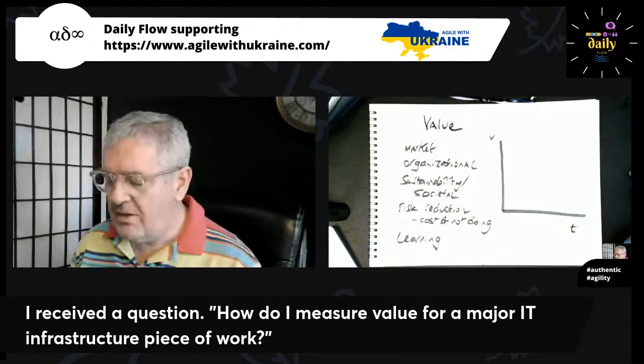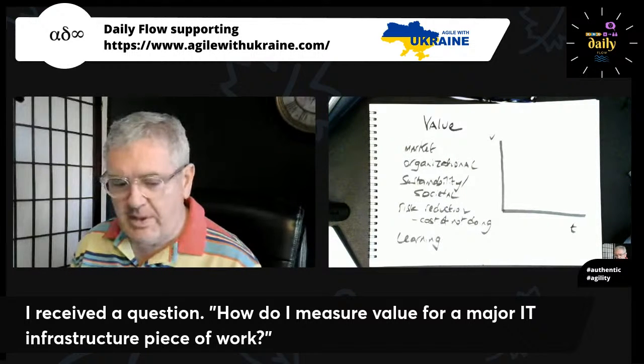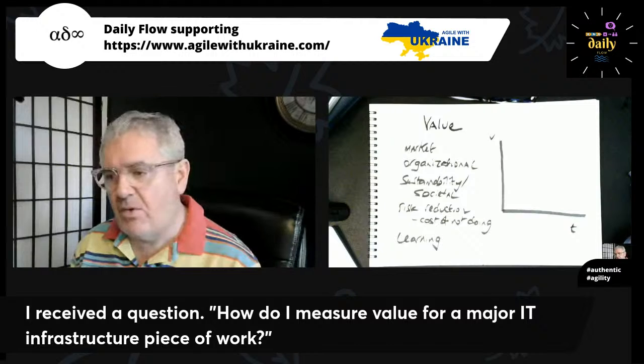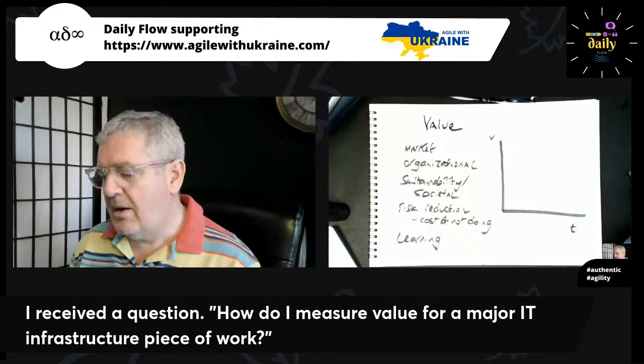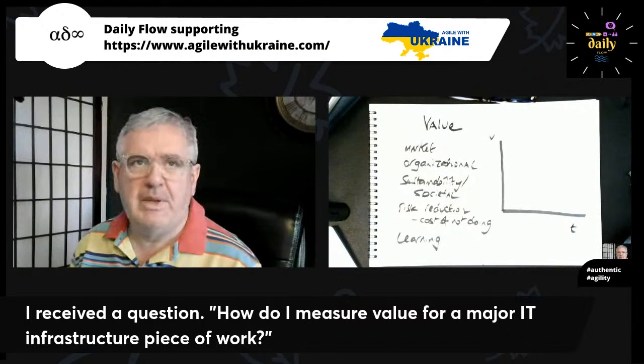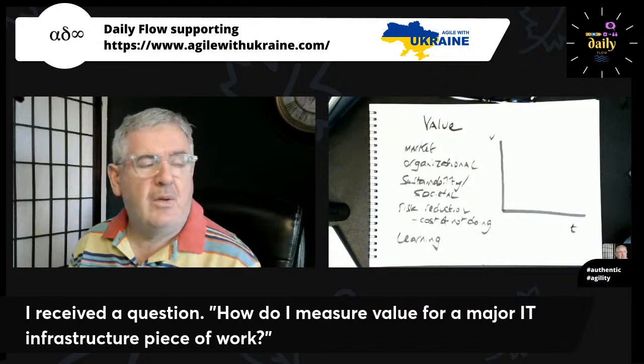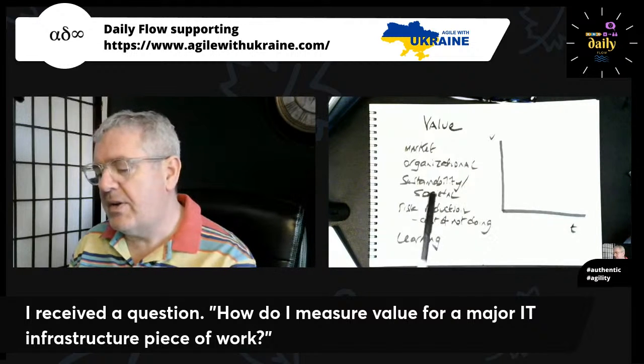I think one of the reasons why the world isn't the way it is, is because we over-indexed on a couple of meanings for that. One of them being organizational value.